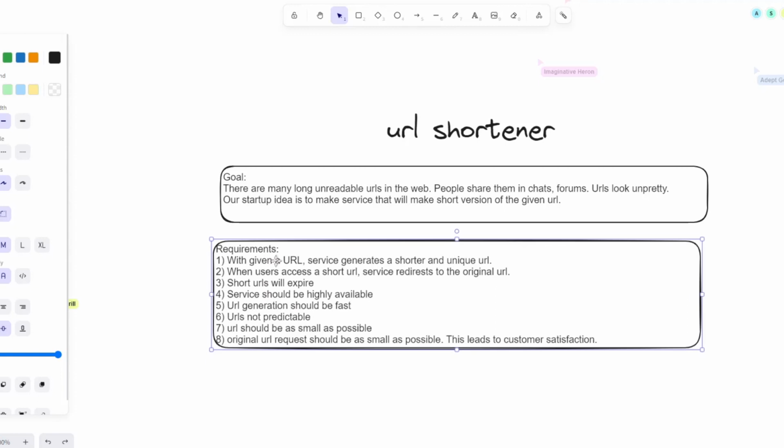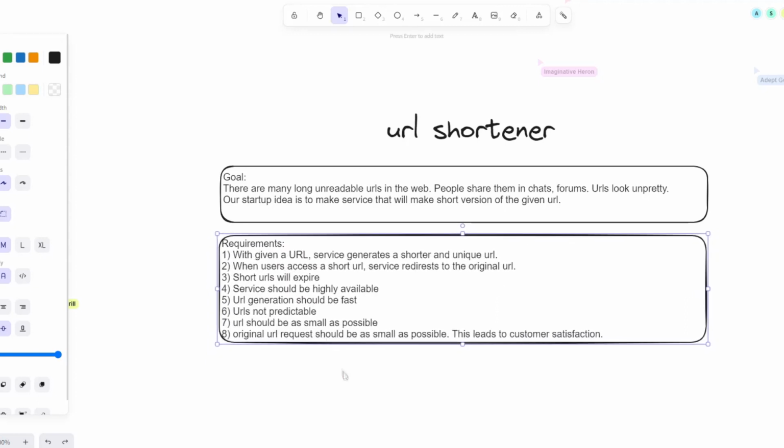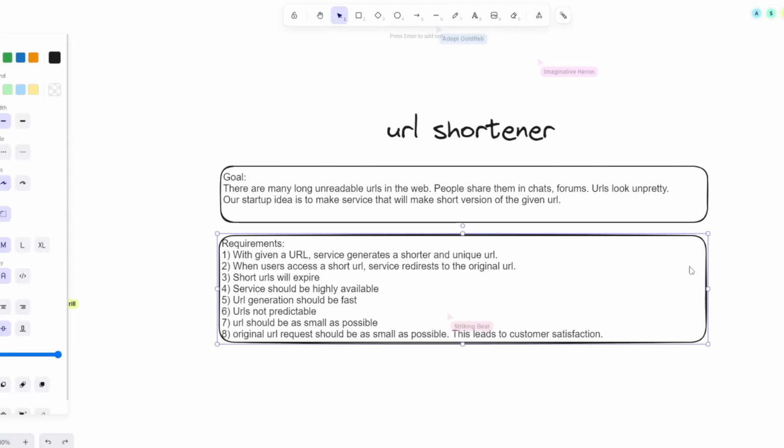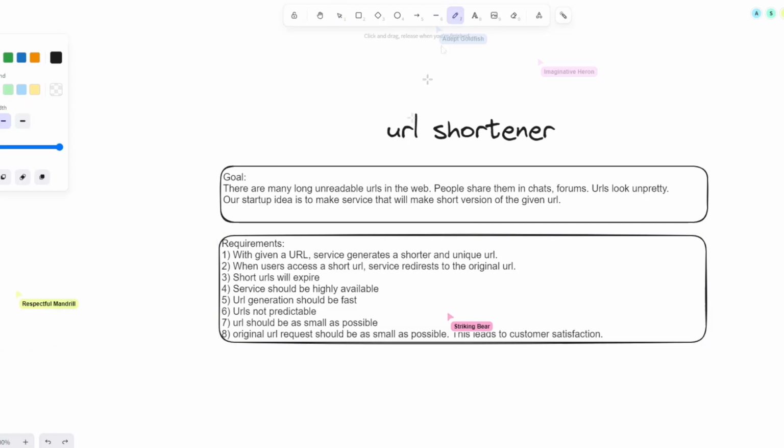So there are some requirements. I will tell the requirements and will answer questions. I made the requirements. As we know, there are always functional requirements and non-functional requirements.